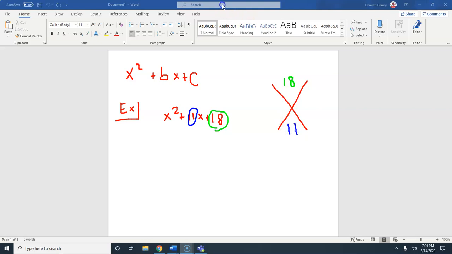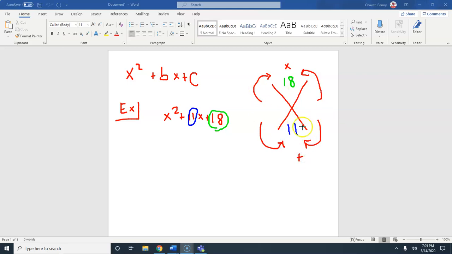And I ask myself, what two numbers both multiply to 18? That's going to be these two middle numbers. Which two numbers are going to multiply to 18 and also add to 11 at the same time?